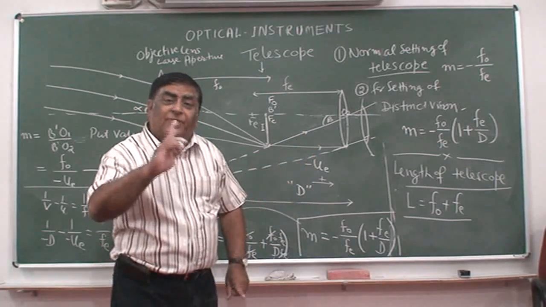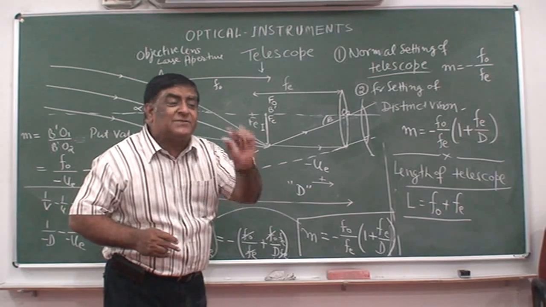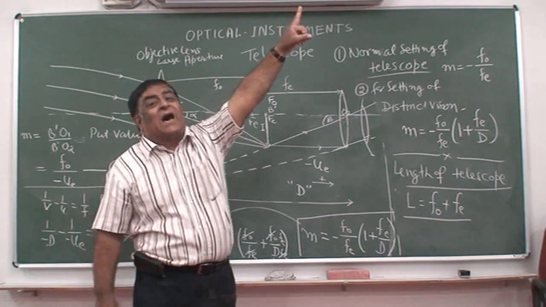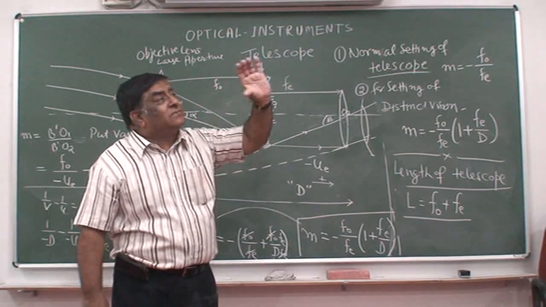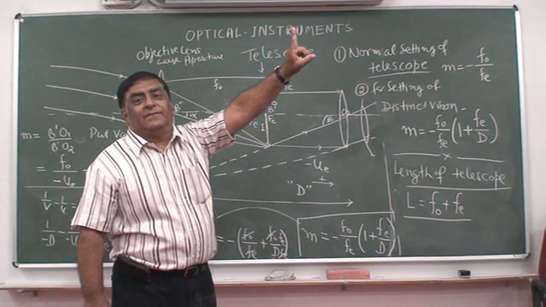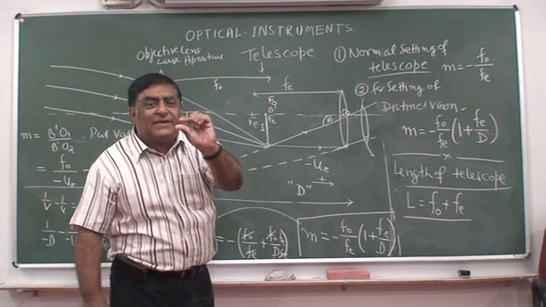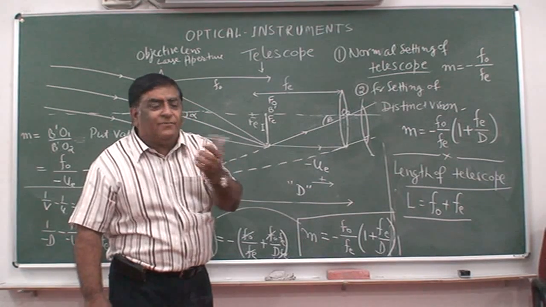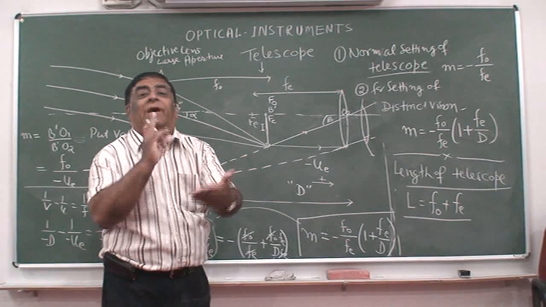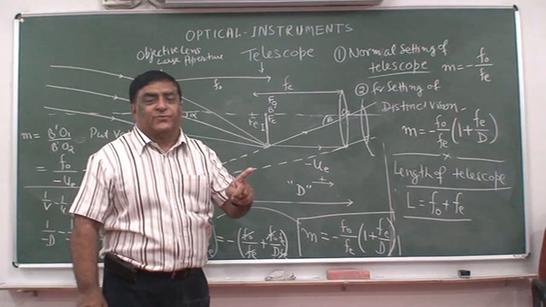So this is used for faraway objects, and microscope is used for nearby objects but which are very small. The faraway object is a star. A star appears to us very small. So it is a small object but far away, not in our approach. Use telescope. We have a small object, a cell or something which is close to us but so small that we can't see it. So we will use microscope. So this is the difference between use of telescope and microscope.